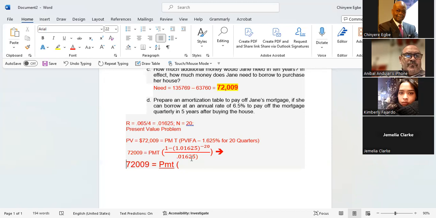Okay, and so when you subtract that from 1, what do you get? 1 minus 0.7244 is what? You get 0.2756, 0.27558.